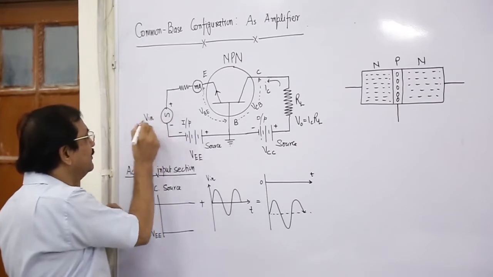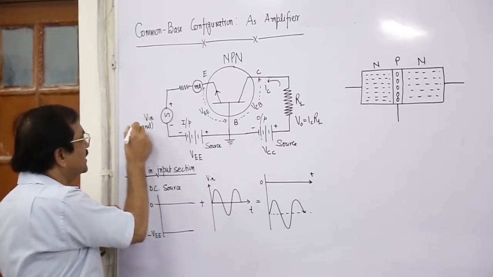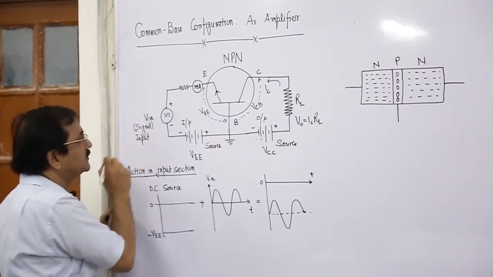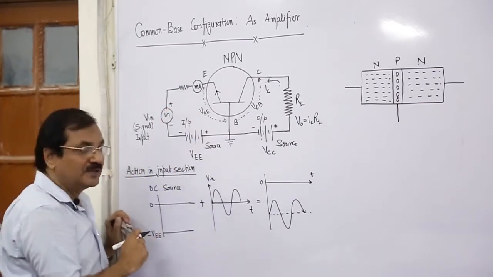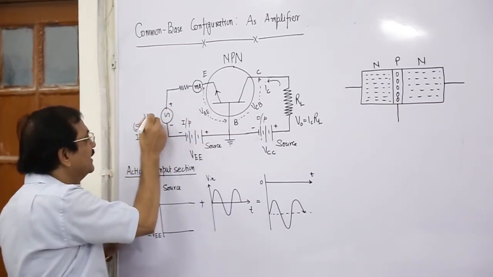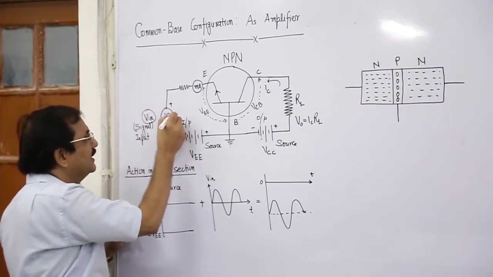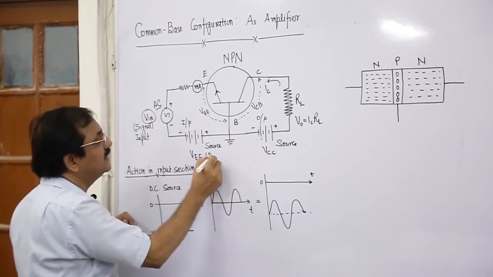And this is the input signal, applied to the input section. So this part is VIN, the AC part, and this part is the DC part.